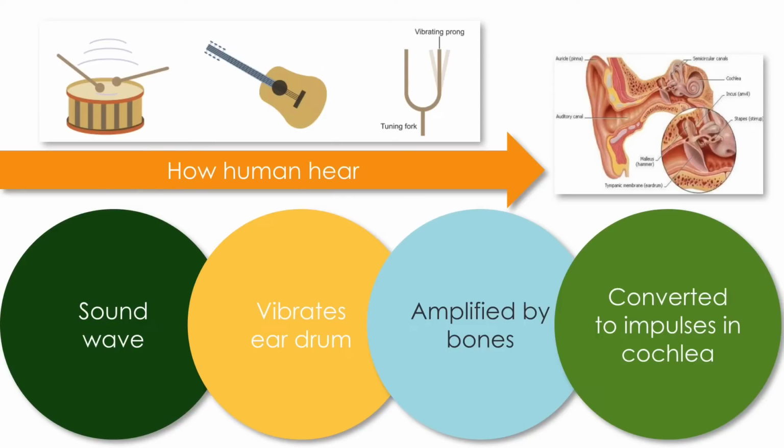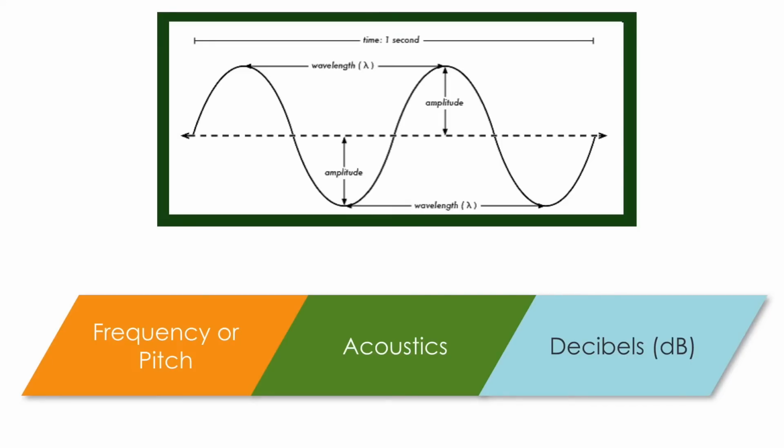So basically all of this has been taught by your teachers in your secondary or maybe your primary school. Okay, now we are talking about frequency or pitch, acoustics, and also the decibels. First of all, we take a look at frequency or pitch. Okay, frequency is also known as pitch. So what is frequency?